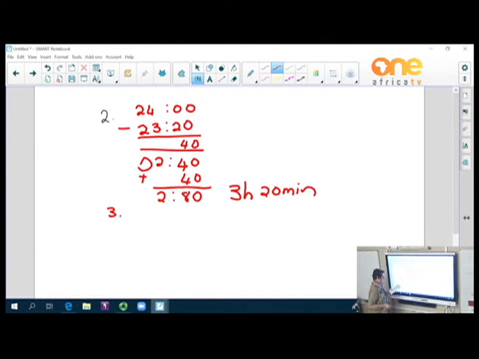Number 3, on November the 21st at Cabo de Hornos, the sun rises at 4:39. The sun sets 17 hours and 36 minutes later. Write down the time when the sun sets. So later means we'll have to add this, because this is the time then that we have there.